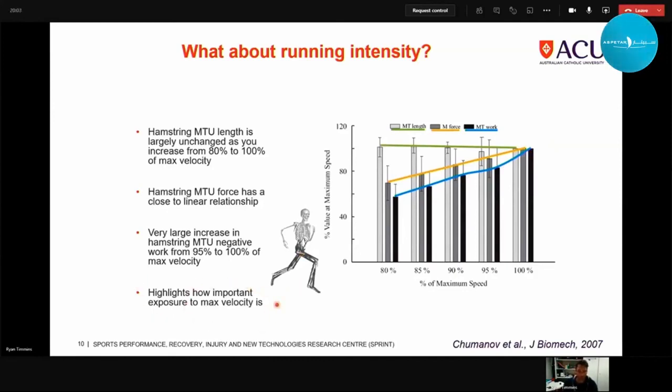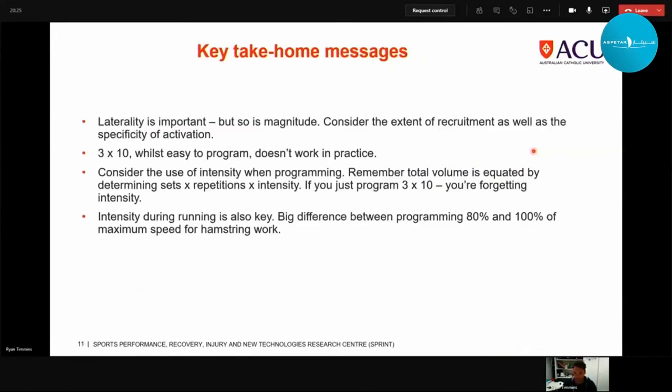If you're prescribing high intensity sprinting and you're going 80%, 85%, you're possibly missing out on almost 30 or 40% of negative work when you think, oh, 80% is close enough to 100. Well, you're probably missing out a fair chunk of intensity that might be useful for your participants or for your clinicians.